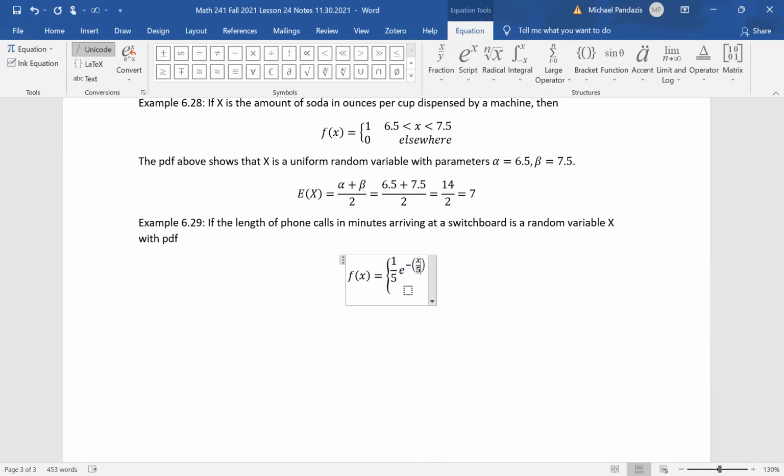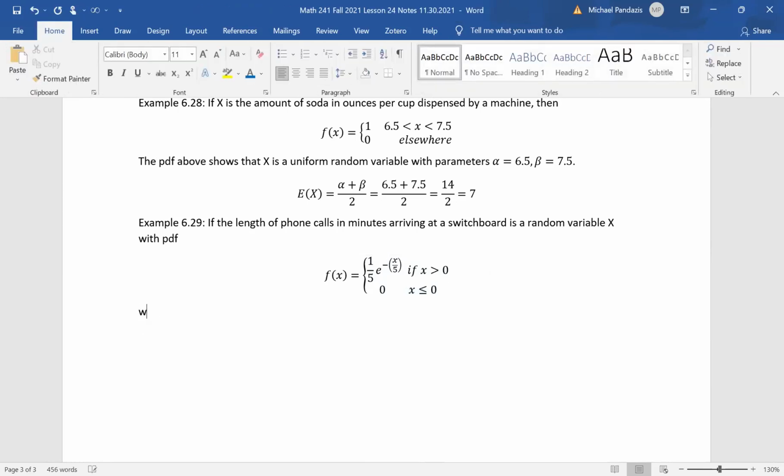This is if x is positive. And 0 for all other x, which means x less than or equal to 0. What is the expected length of a call?